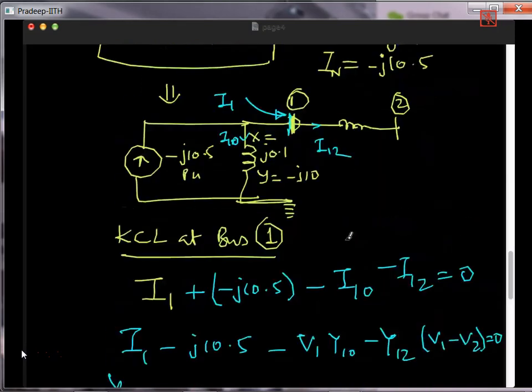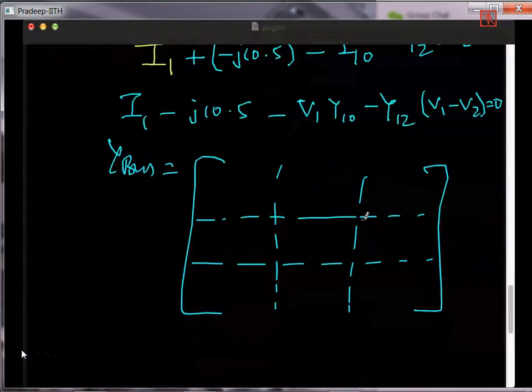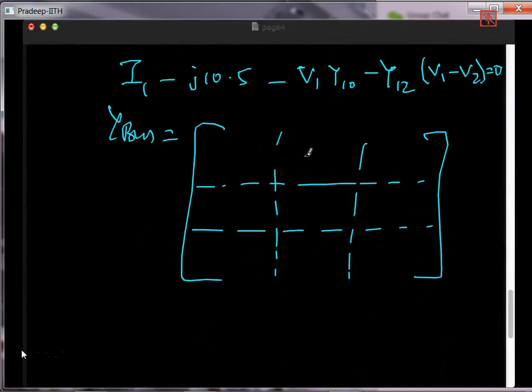So first look at the network. So 7 and 10 is there. Just as if it is not there, I'll write it as J7 and 0. So this is 1, 2, 3. This is 1, 2, 3. This is J7 and 0.